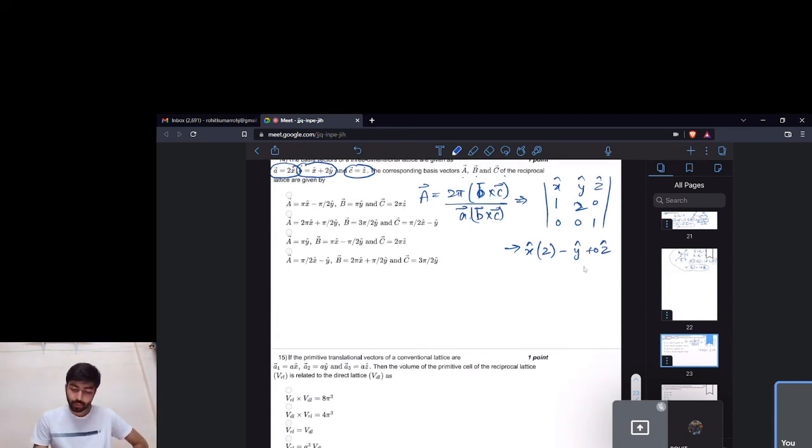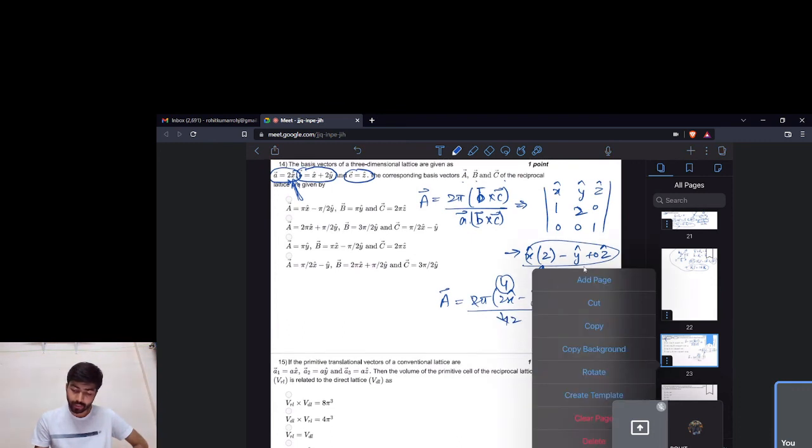And a dot b cross c, that is the dot product with a, becomes 4, because 2 here and 2 here would give the dot product, so a dot b cross c would be 4. So capital A is 2 pi into b cross c, which we just found out, 2x cap minus y cap, divided by 4.